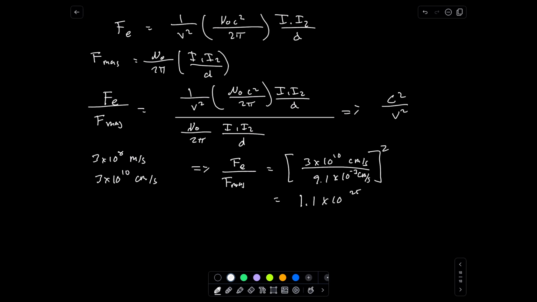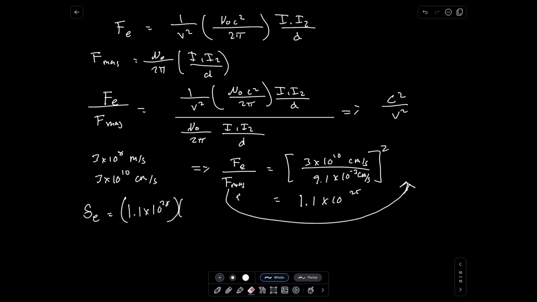Knowing this, since we know the value of Fmag, we can move this to the other side. Fmag was solved in part C, so our value for Fe will equal 1.1 times 10 to the 25th times our Fmag, which would be 2 times 10 to the negative 7 newtons per centimeter. And we will end up with 2 times 10 to the 18 newtons per centimeter.